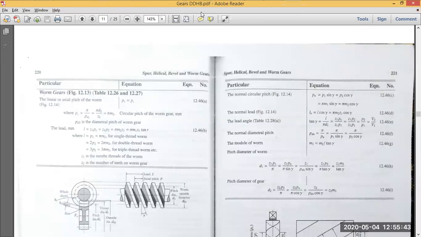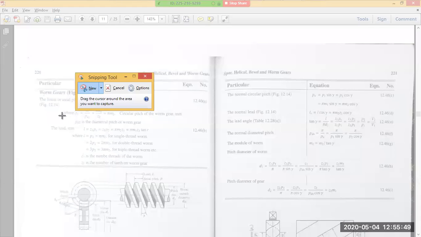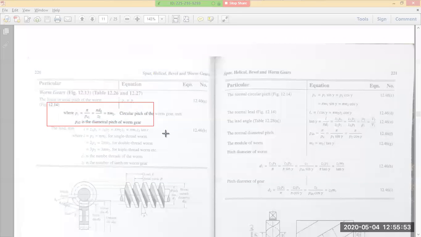How did I get that tan value here? I used a combination of these two equations.